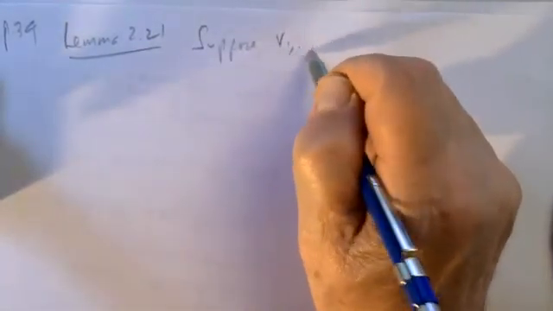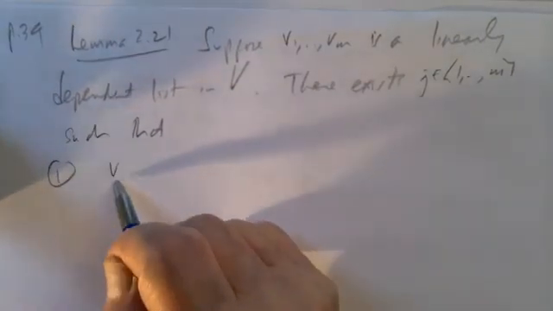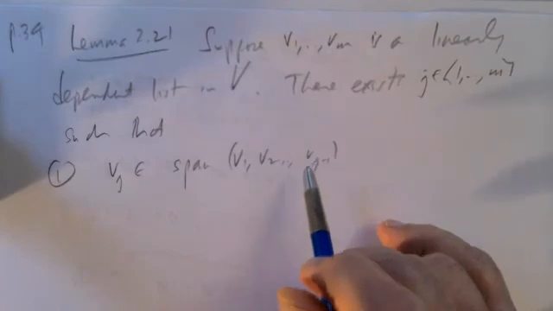Suppose V1 up to V sub m is a linearly dependent list in the vector space V. There exists a j in 1 up to m such that the following two statements hold. The vector Vj is actually in the span of the vectors V1, V2 up to V sub j minus 1.